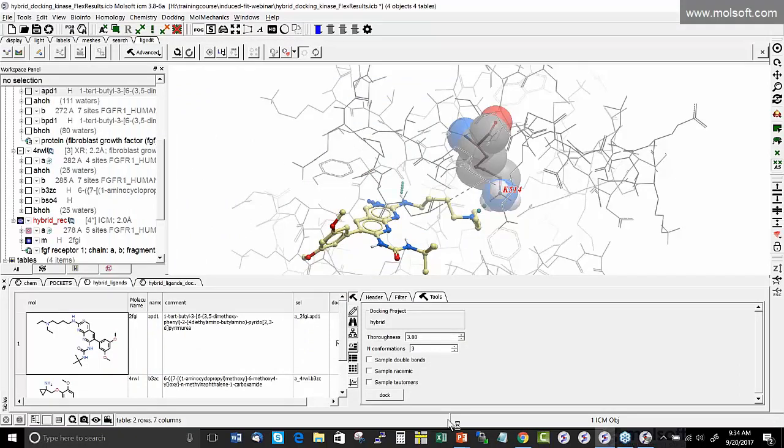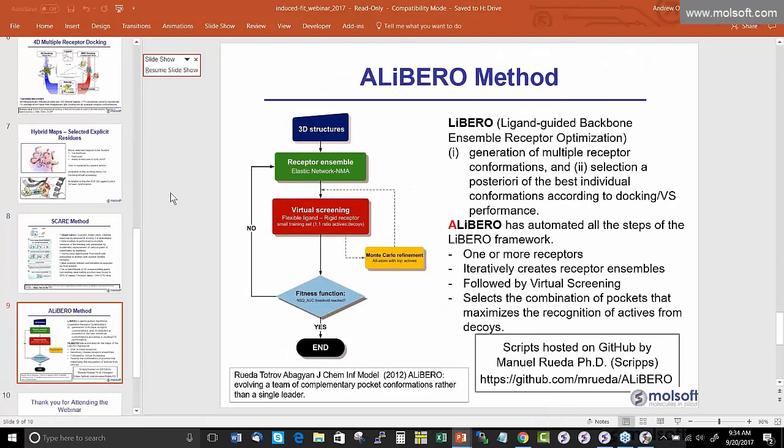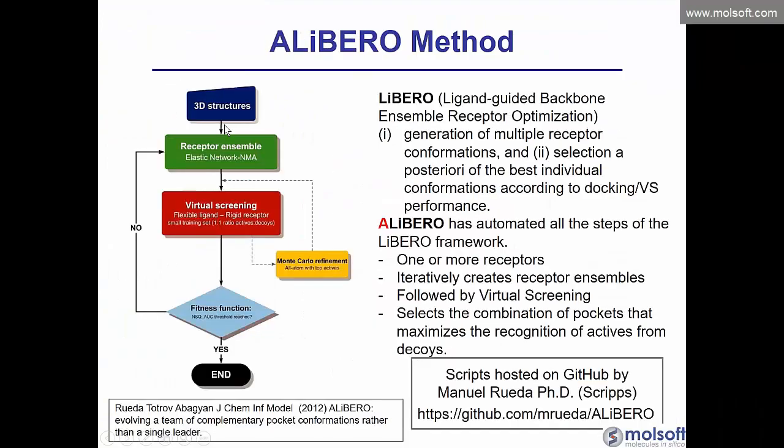And another method for generating an ensemble of pockets for maybe 4D docking is the ALiBERO method. So this was published by Manuel Rueda and Max Totrov at MolSoft and Ruben Abagyan at UCSD. And the initial method is called LiBERO.